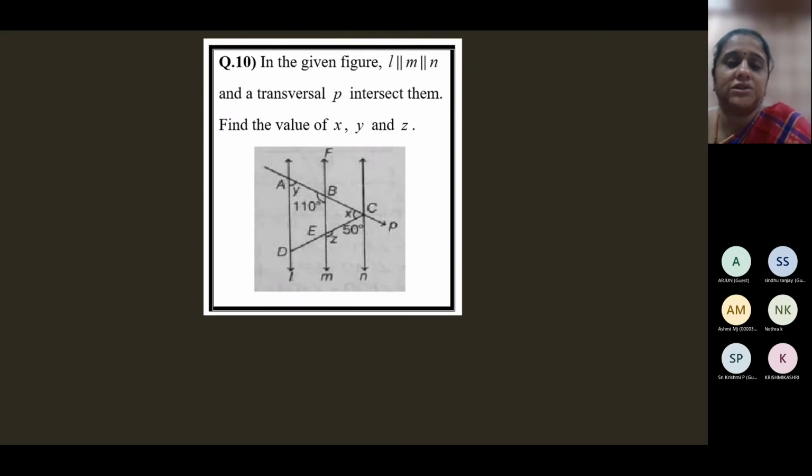Yes, children. In the given figure, L is parallel to M is parallel to N, and a transversal P intersects them. Find the value of X, Y, and Z. This is 50.